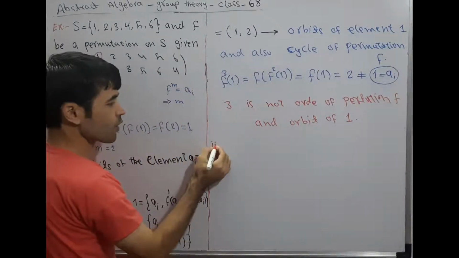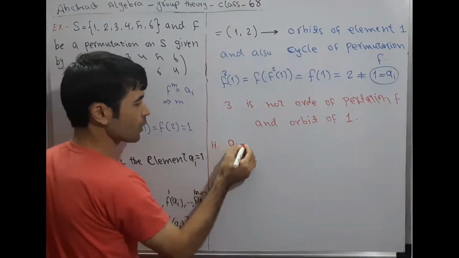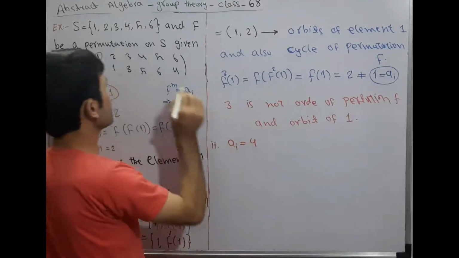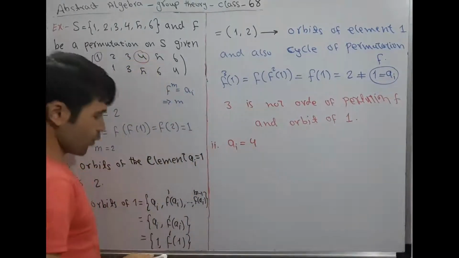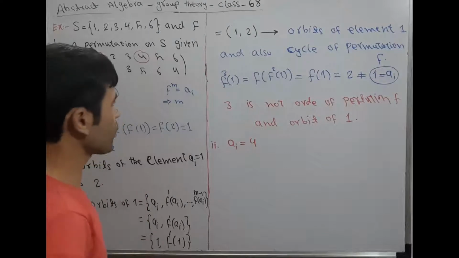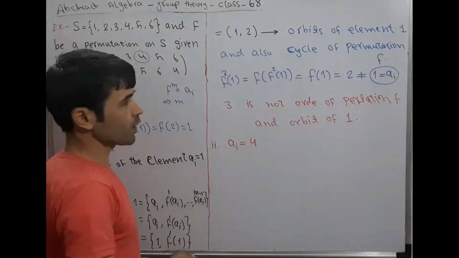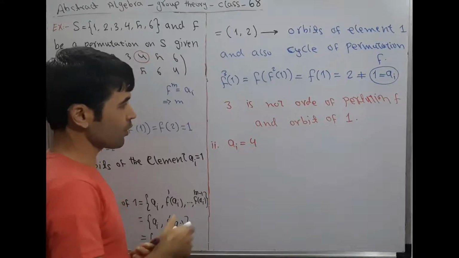Now, if we choose ai equal to 4, we want to find the orbit and cycle of the permutation f for the orbit of 4.